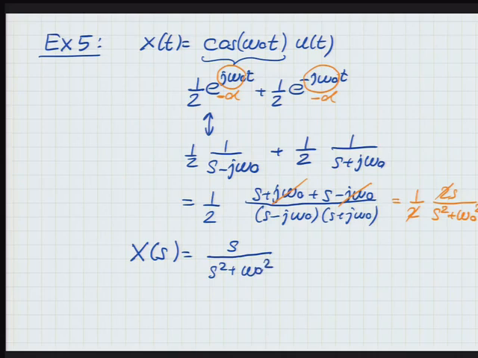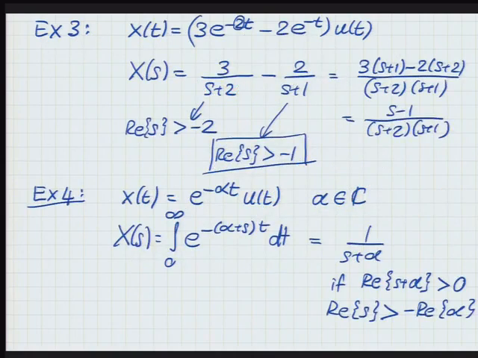And when does this converge? Does it converge for the imaginary axis when the real part of s is 0? No, because that would have been the Fourier transform, right? But it does converge when the answer will come from example 4, right?